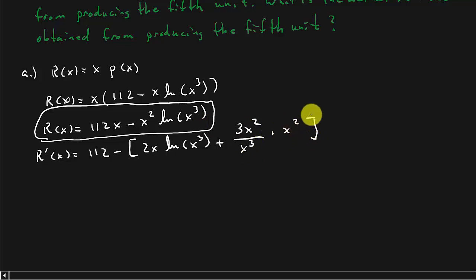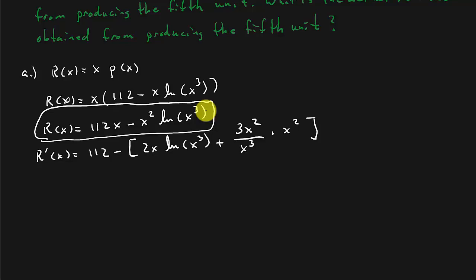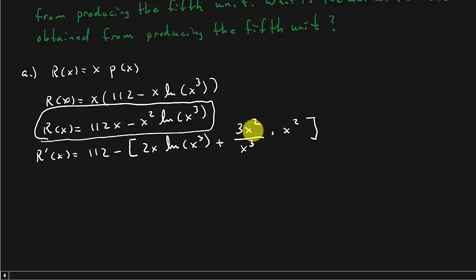Now, I know what you're saying. Well, you told us earlier to take this number here and throw it down in front, to write this as 3 natural log x. And that is perfectly fine if you do that. But look, why did I not do that? Because when it's an integer like that, yeah, you can throw the integer down in front, but you really don't have to, because this is not difficult to simplify.